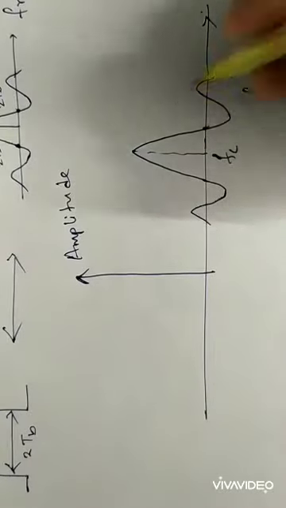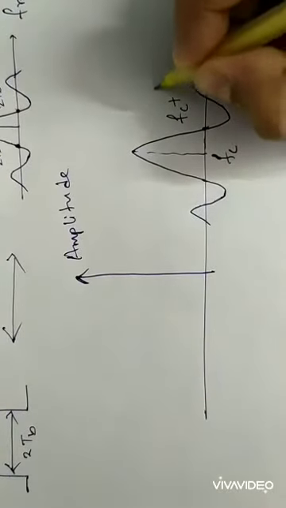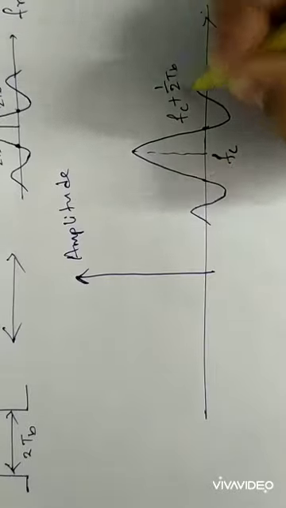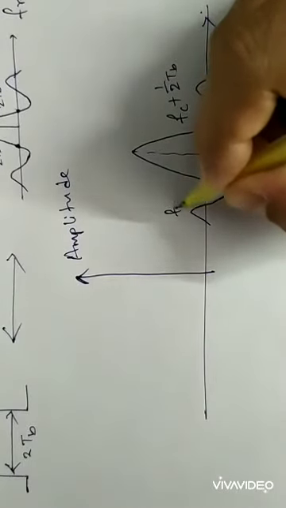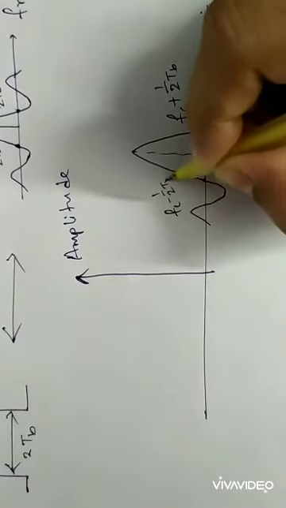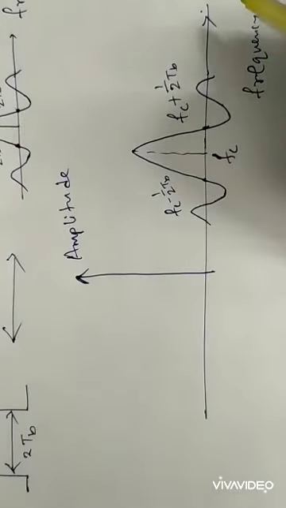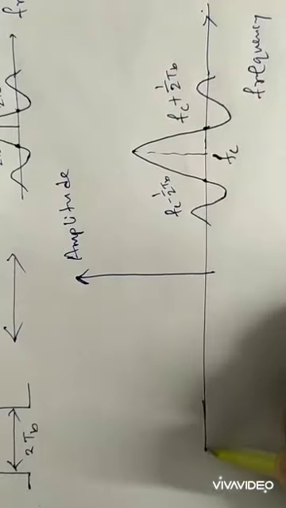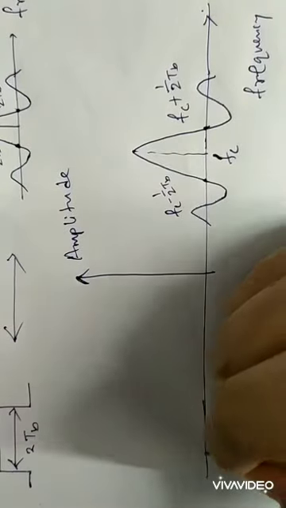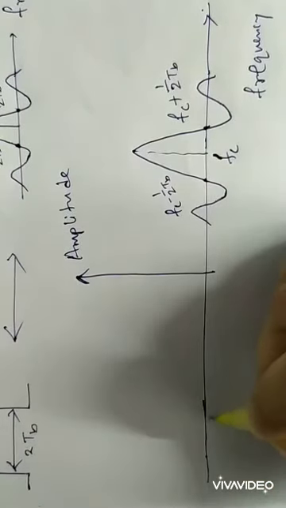This point must be fc plus 1 by 2 TB, and this point must be fc minus 1 by 2 TB. If I plot the x-axis in hertz, it is fc, and if I plot it in radians, then fc must be replaced by omega c. Similarly, you get a similar signal on the negative side.